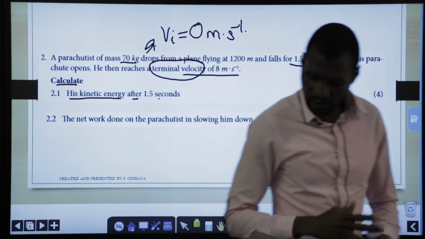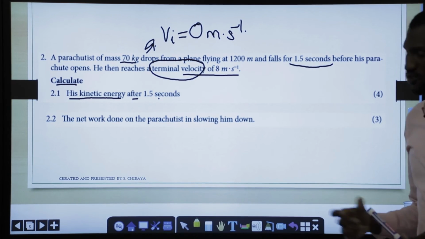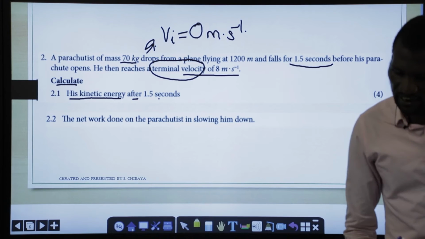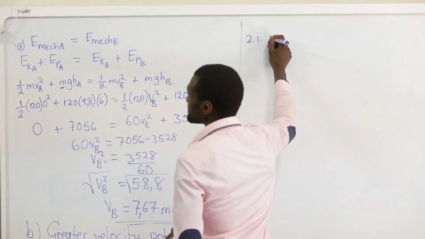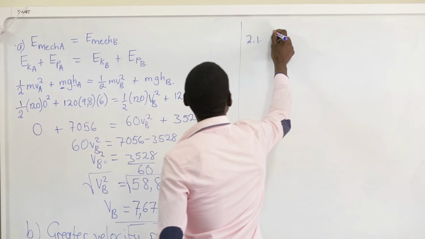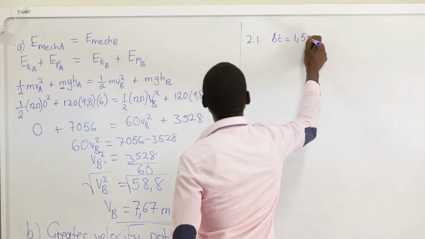How are we going to calculate the final velocity in this instance? What do we know that can help us calculate the final velocity? Let's look at this question 2.1. What is the final velocity? What information do I have? The information I have is change in t, which is equal to 1.5 seconds.